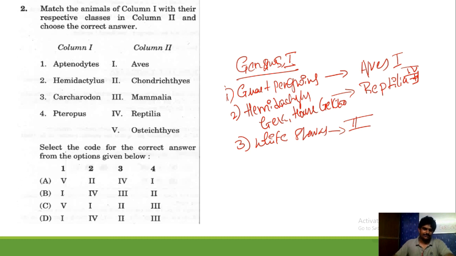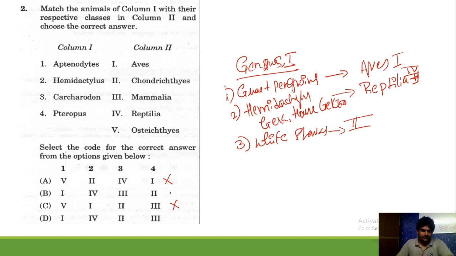Second option. Okay, so you can look here, we are coming near to the answer. So we have to remove option A, and we have to remove option C also, because the first one is not there, so it is completely wrong.